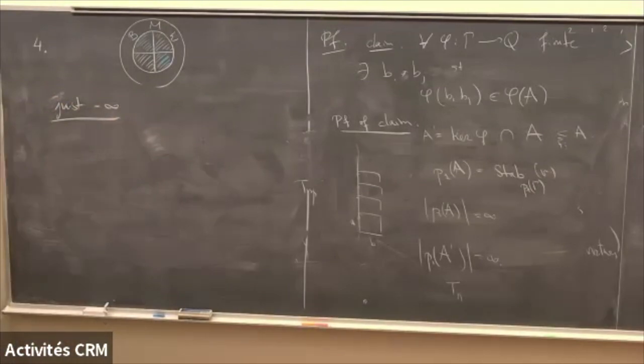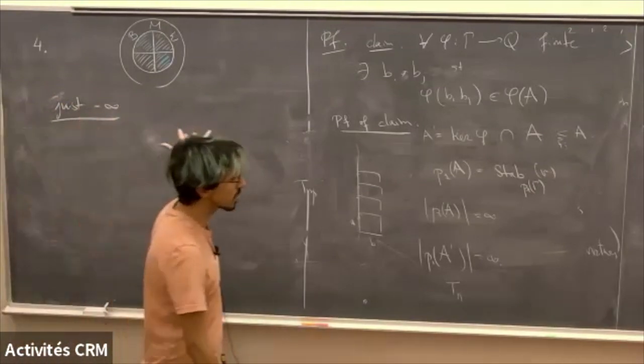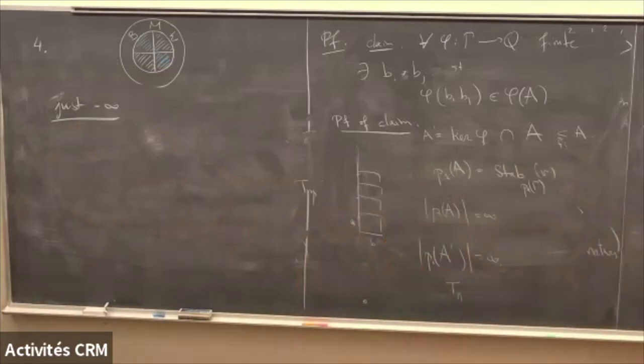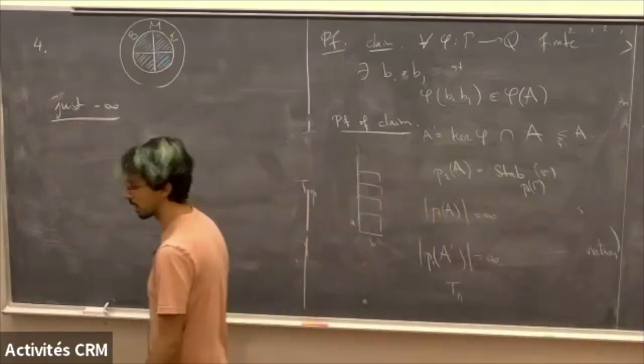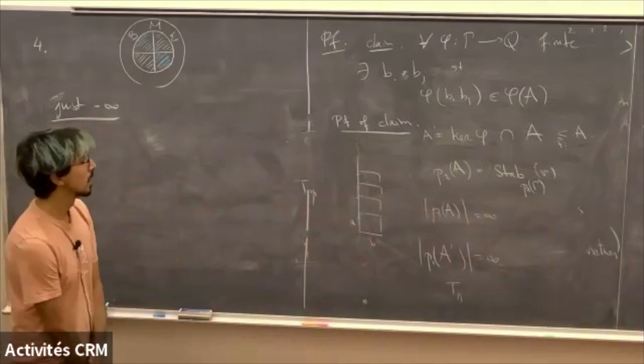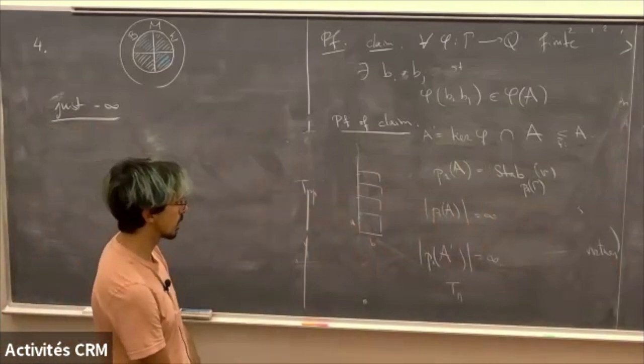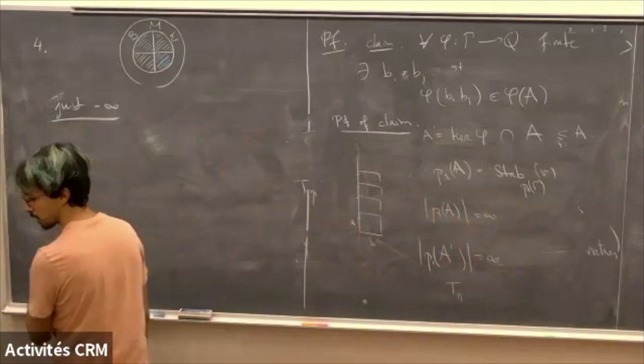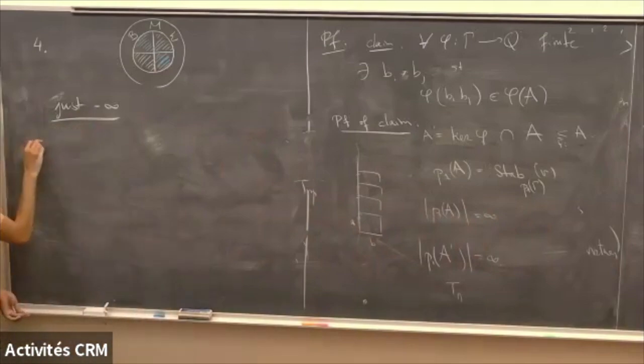So the idea where this comes from is really the work of Margulis. The normal subgroup theorem showed that lattices in semi-simple Lie groups, let's say with trivial center, must be just infinite. And the same ideas went to the work of Burger and Moses, and eventually to the following very general theorem of Bader and Shalom.